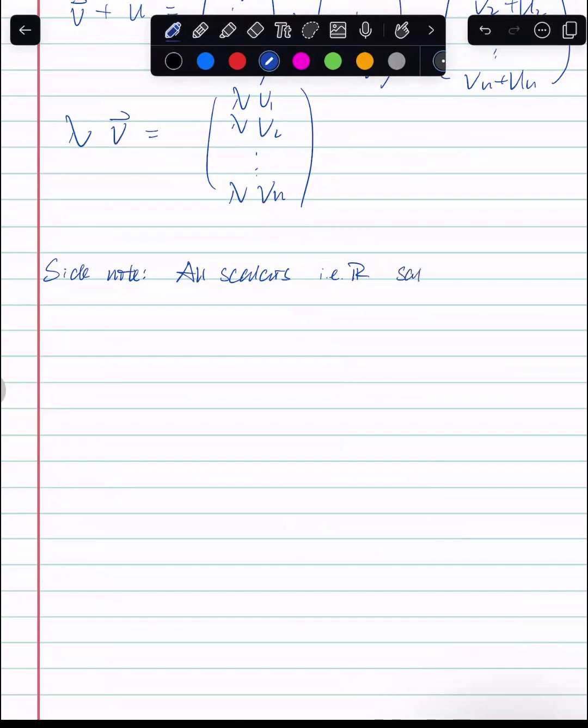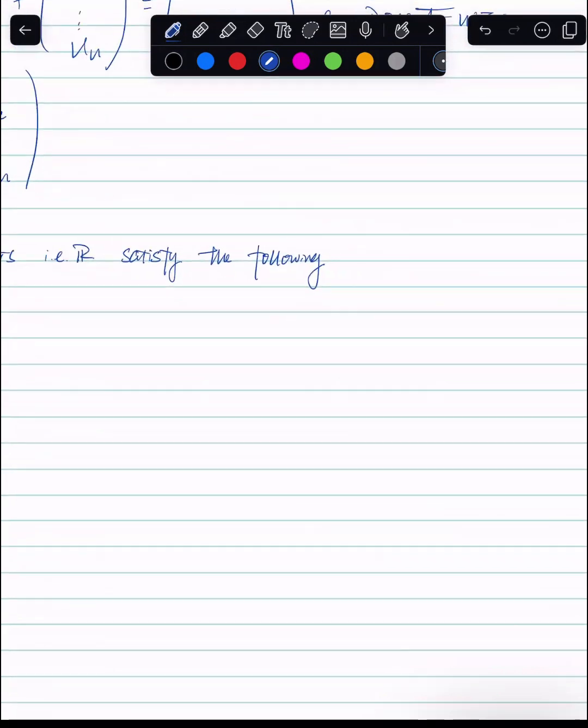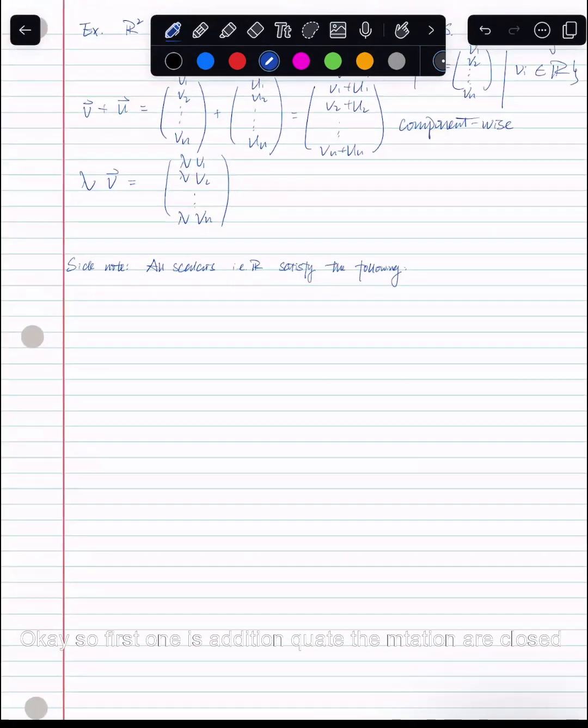So scalars satisfy the following. First one is addition and multiplication are closed.